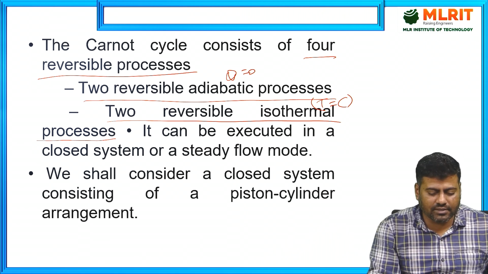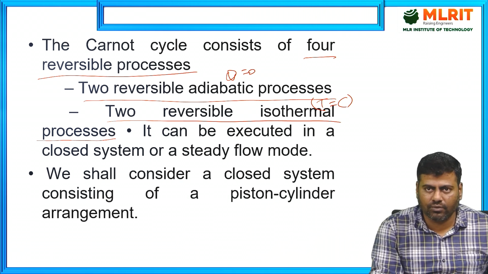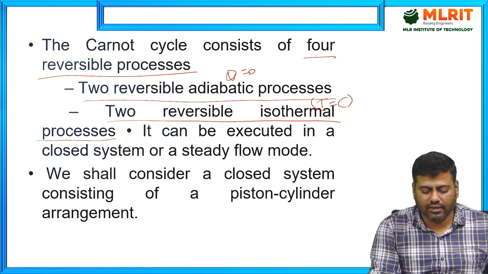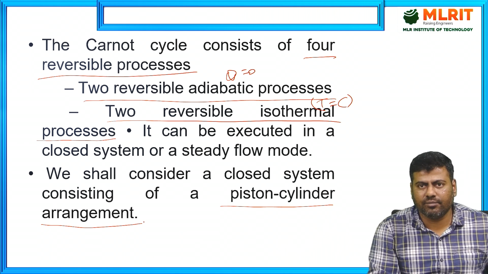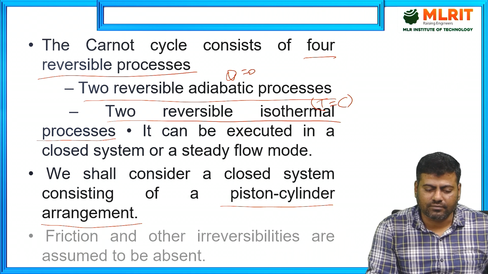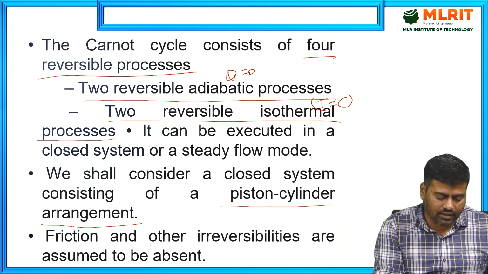In order to frame this, it is executed in a closed system at a steady flow mode, right? That is what we discussed in unit 1. And we shall consider a closed system consisting of a piston cylinder arrangement. For a simple heat engine, we'll consider the piston cylinder arrangement. For that, we'll frame the various processes right now, right? See, friction and other irreversibilities are assumed to be absent.